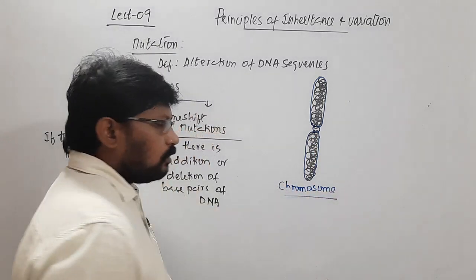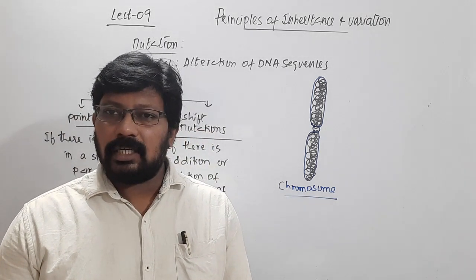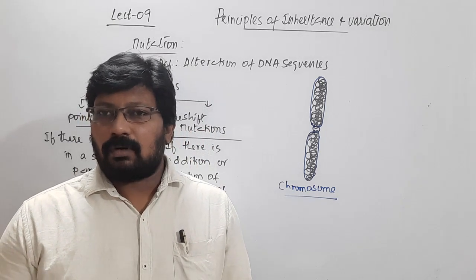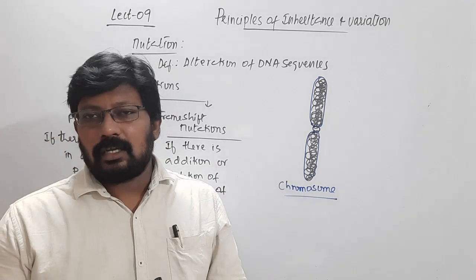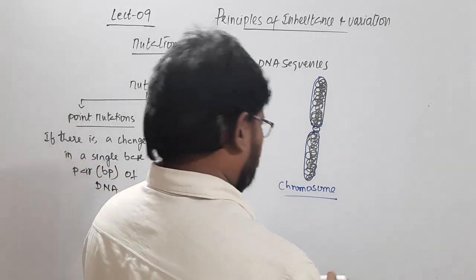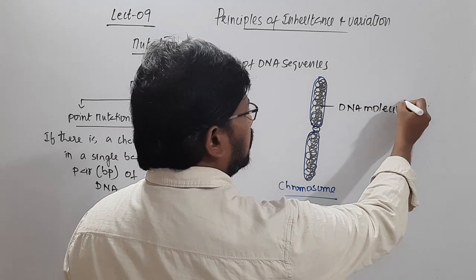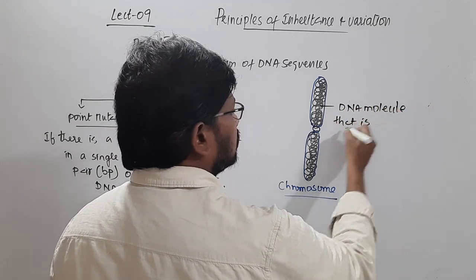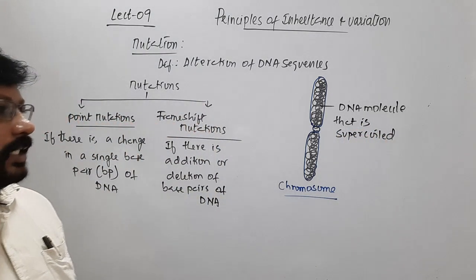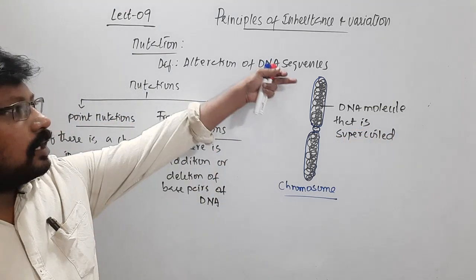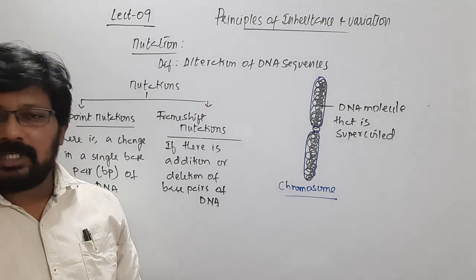So what is a chromosome made up of? A chromosome consists of a long DNA that is supercoiled and seen from one end to the other end. So there is only one DNA molecule, and it extends from one end of the chromosome to the other end of the chromosome.